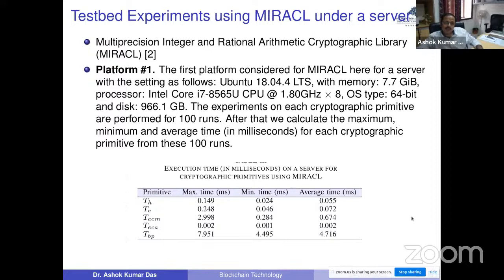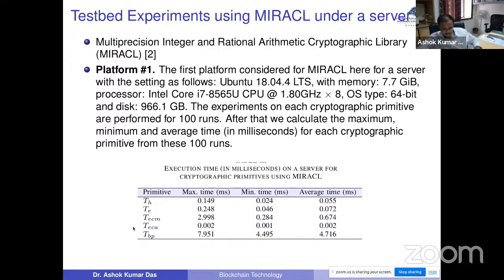So next we have done the test bed experiment using the Miracle library under both the server setting as well as drone settings. In the server setting, we have taken a laptop under the Ubuntu 18.04 LTS platform with the memory and these things.